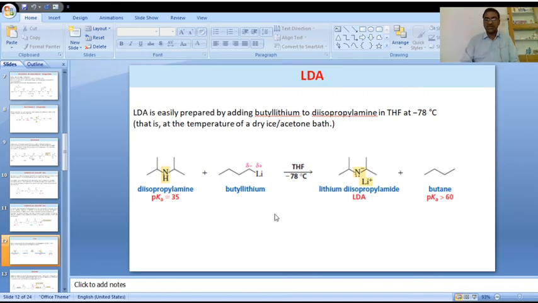This is about LDA preparation, method of preparation. Is it clear, all of you?